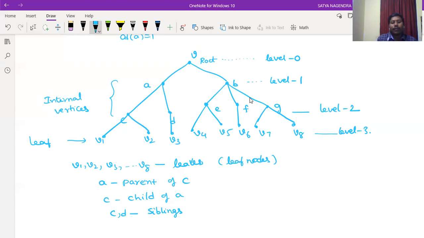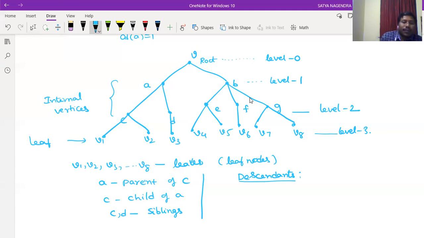Next, descendants. Descendants of a vertex. For example, take the vertex A. What are the descendants of A?